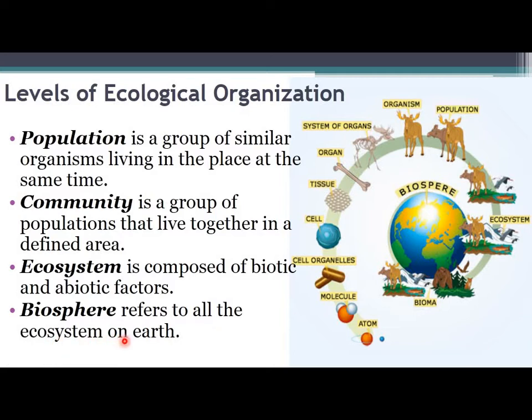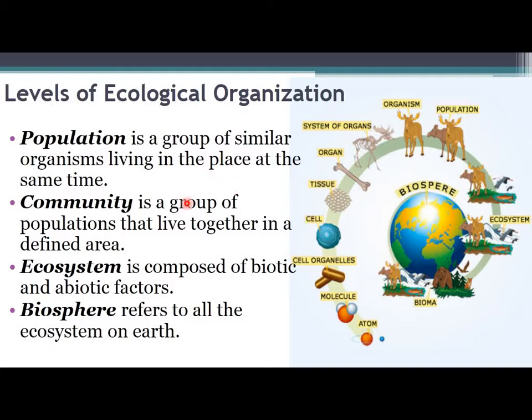So, biosphere, all of the environments on Earth that support life. So, this includes most region of land, syempre, yung mga bodies of water, and of course, the lower atmosphere, na kung saan doon natin makikita yung mga lumilipad na organism.